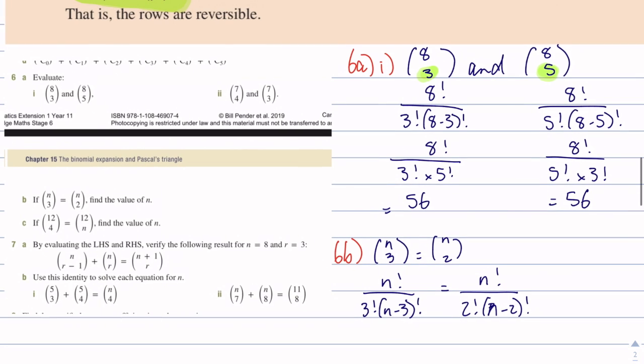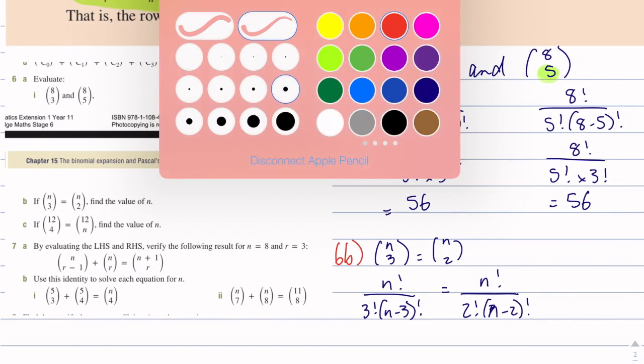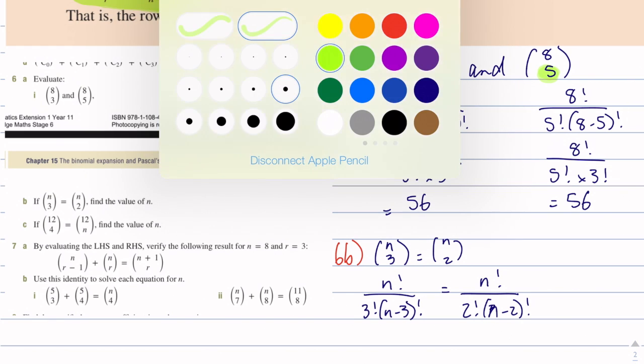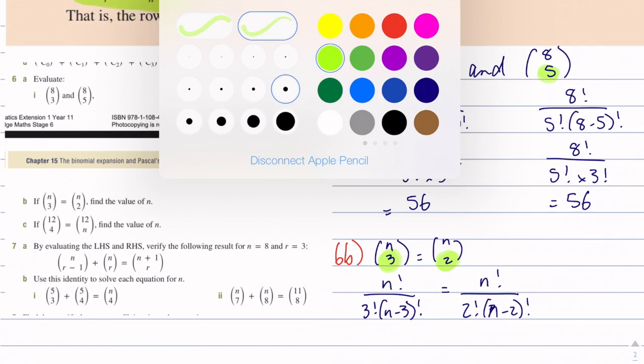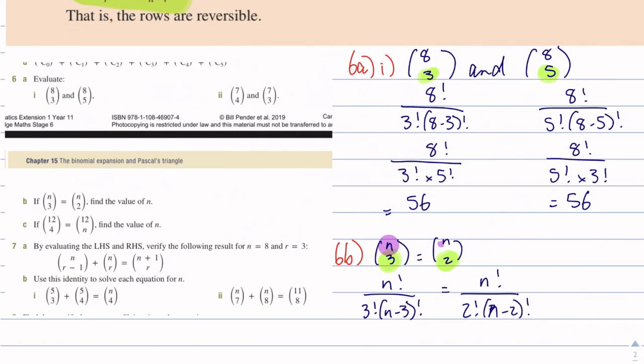The only way that's the same is if these two add up to this, just like 3 and 5 added up to 8. So we know 3 plus 2 equals n, so n is 5.